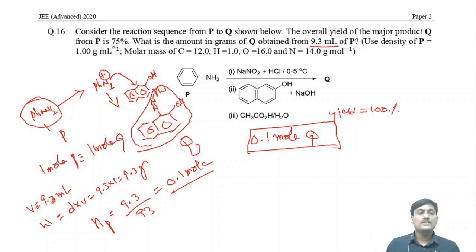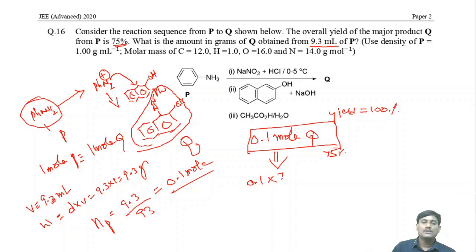But in this case, what is the yield? 75% of yield. You have to multiply with 75%. So when the yield is 75%, you will get 0.1 into 75 by 100.